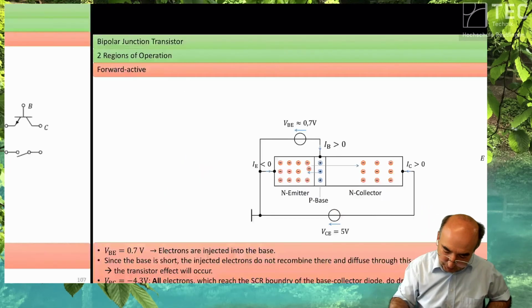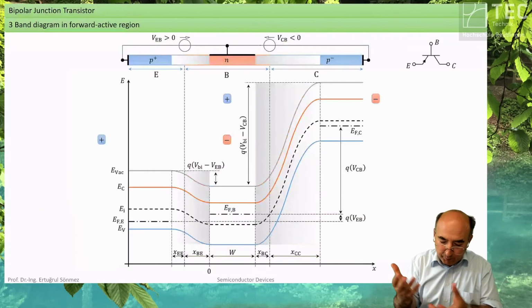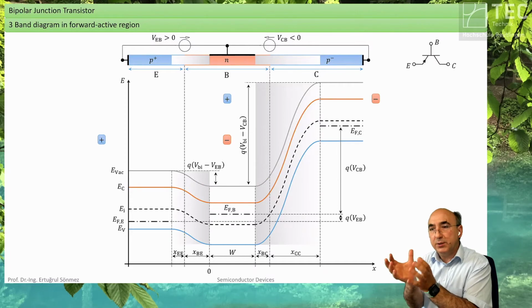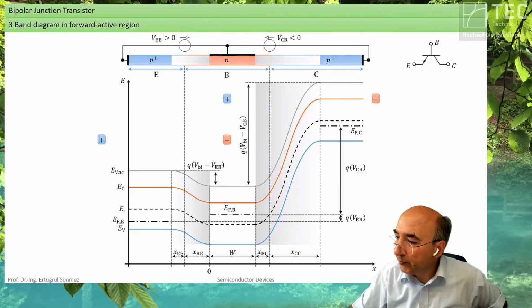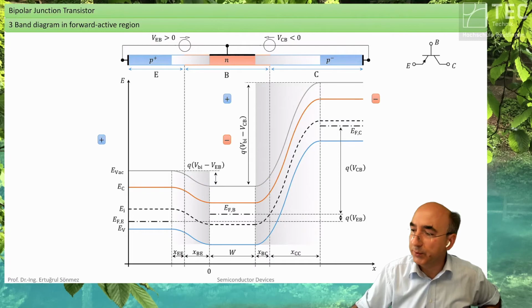Now let's take a closer look at the space charges and the conditions within the transistor. If you apply a forward bias, it's a PNP transistor. You see?